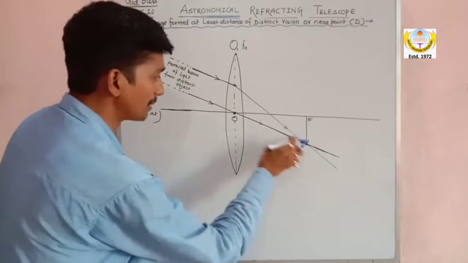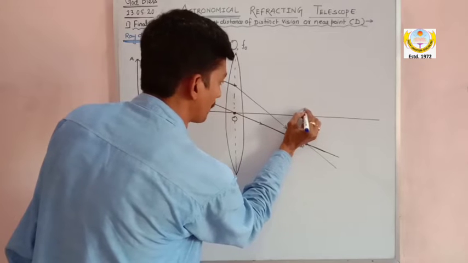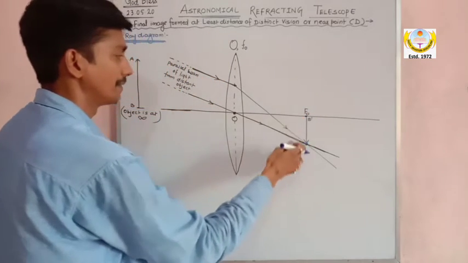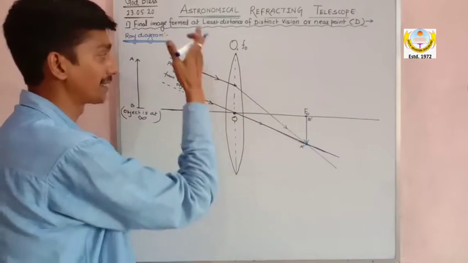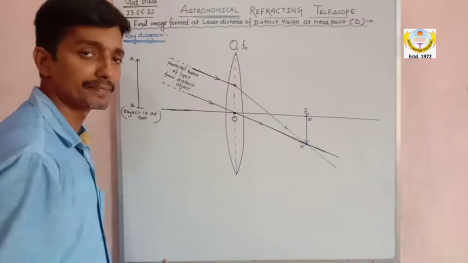So this image formed by the objective lens will be formed at the principal focus of the objective, because light is coming from infinity.